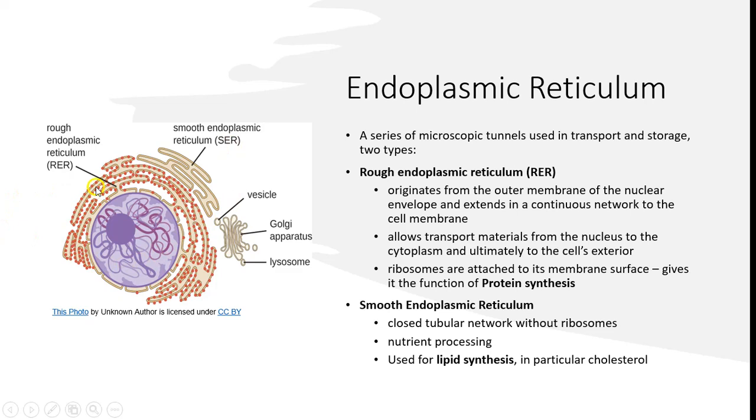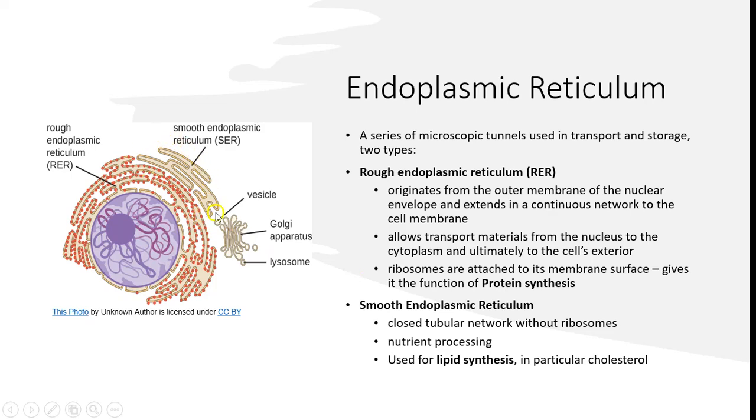So the rough ER, in particular, has these ribosomes, and the ribosomes are the site for protein synthesis. We're going to learn more about that in our genetics chapter. All you need to know right now is that because of the ribosomes on it, the rough ER is not only for transport and storage, but also for protein synthesis.